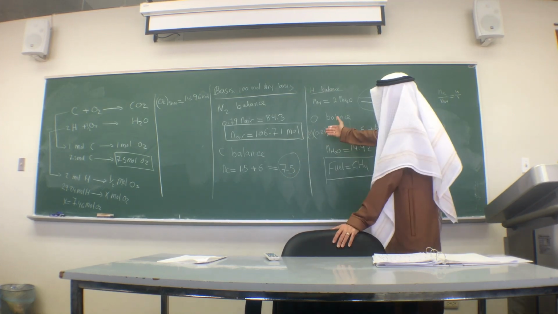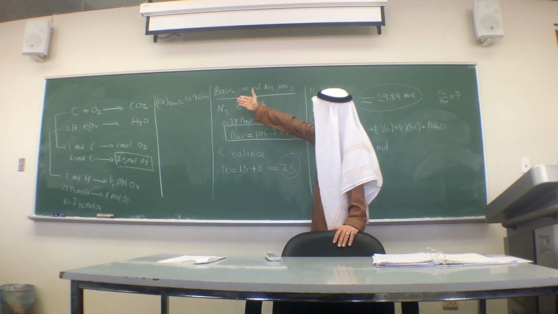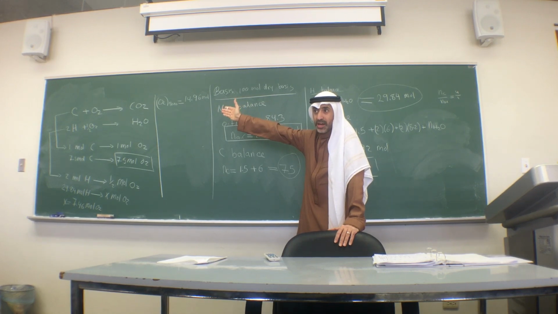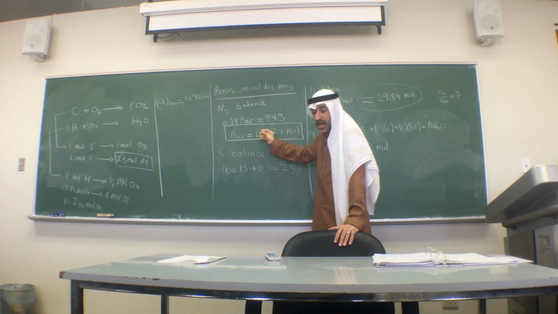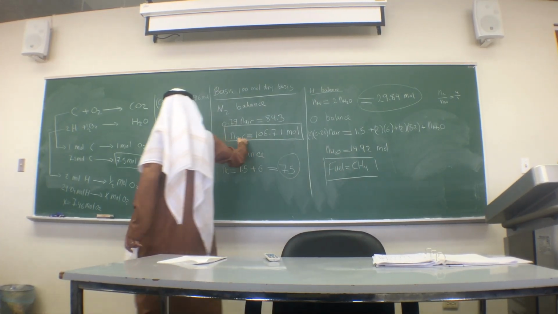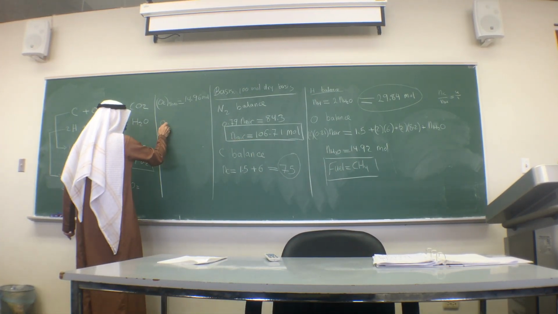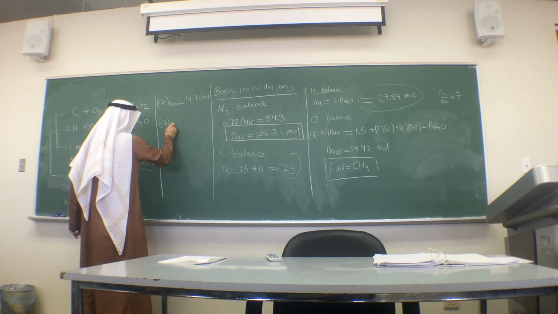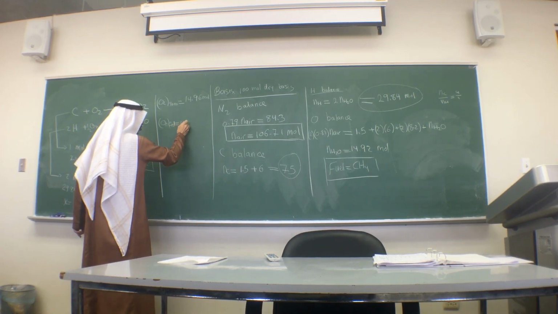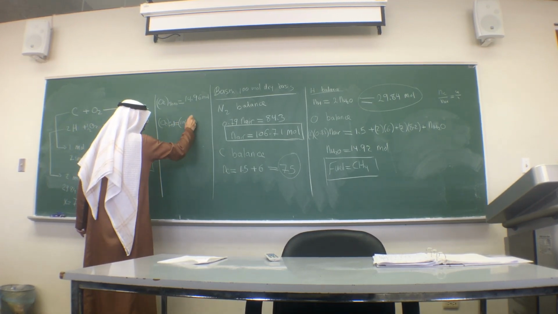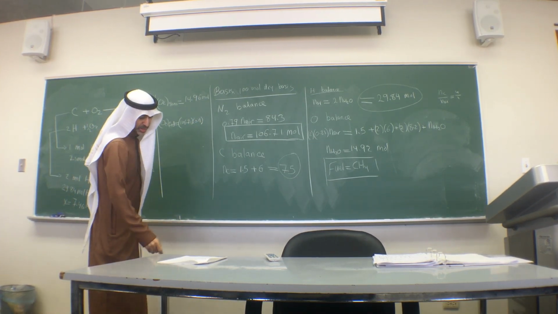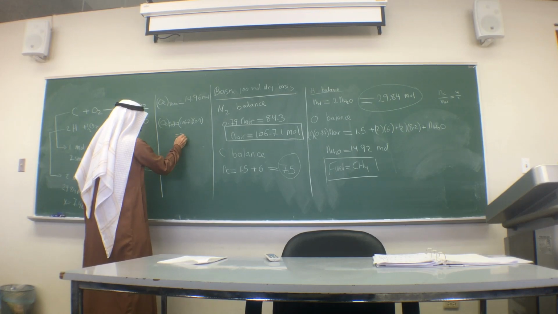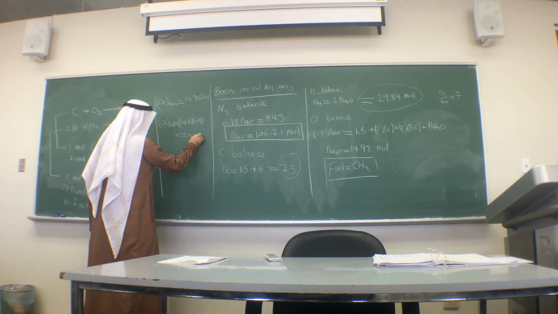And here I have air. Either I convert this to air or I convert this to oxygen in order to compare. If I want to compare, O2 fed will equal 106.71 multiplied by 0.21. This is oxygen fed, which gives 22.4 mole.